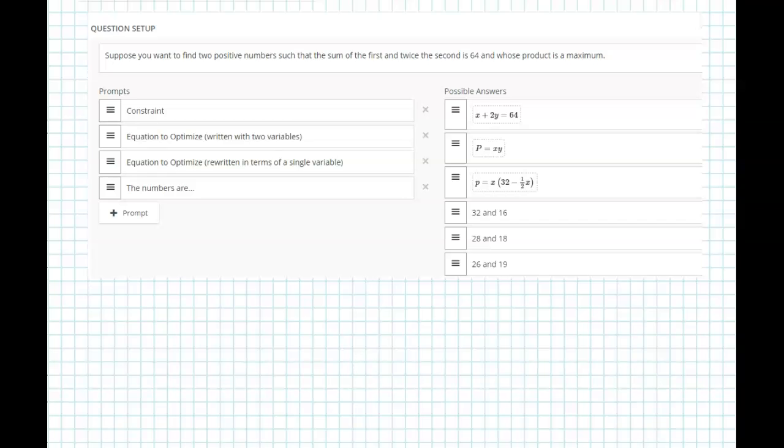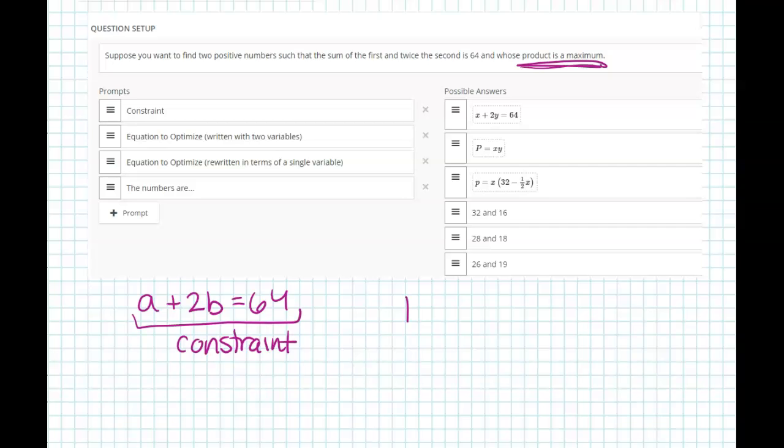So let's say a plus 2b equals 64. Again, this is our constraint because it has a number in it, like it's actually equal to something. Versus what we're optimizing, that's the product. So that's just product equals ab. That's where we really don't have a whole lot of information. So that's what we want to optimize.